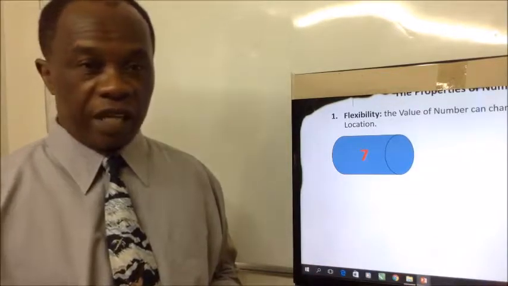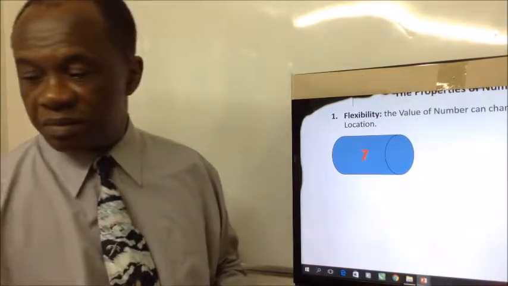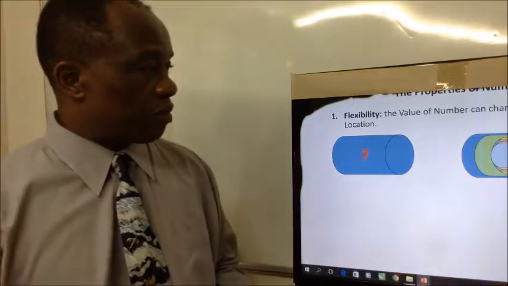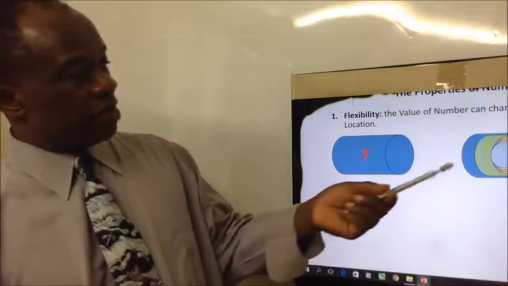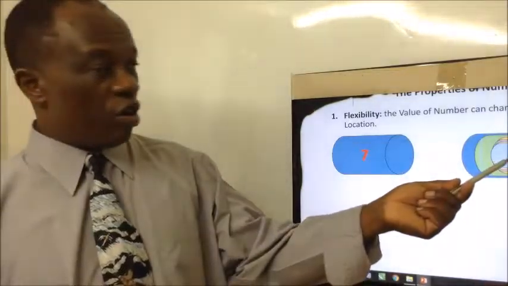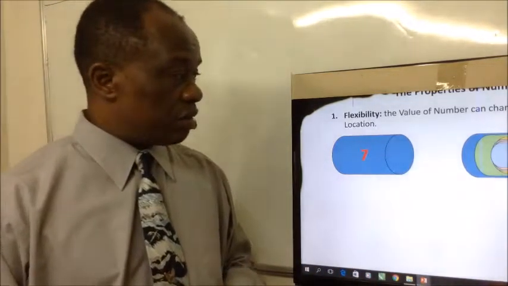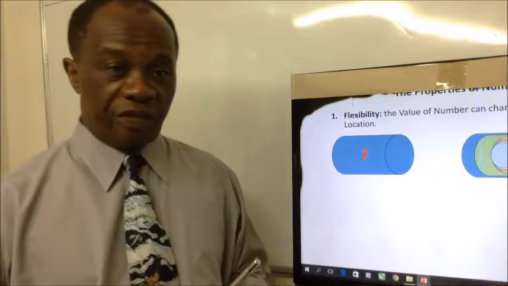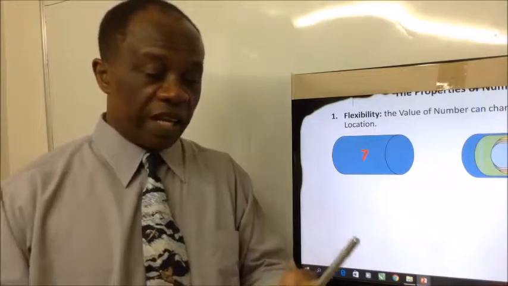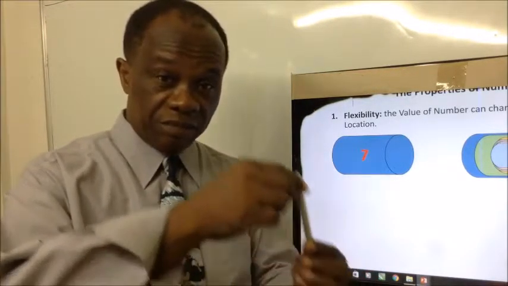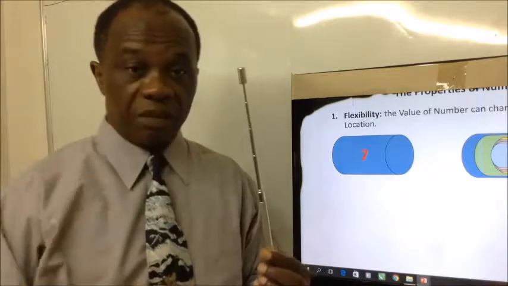So you have something like this. Inside 7, you will have all the values here. Therefore, the number 7 looks like this antenna.